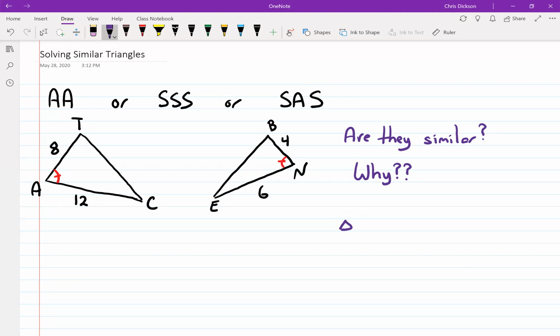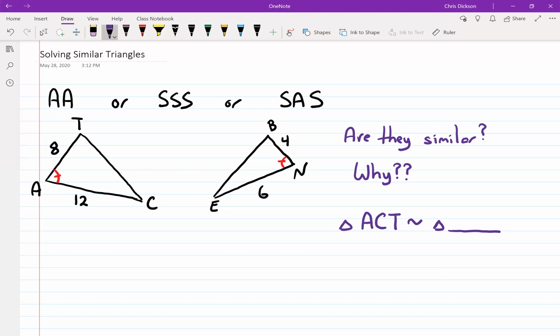So I could say triangle ACT is similar to triangle something, but only if it is similar, of course, right? So you can't say they're similar just because you want to say they're similar.